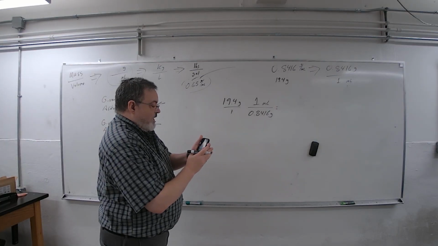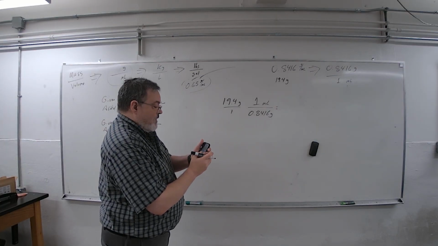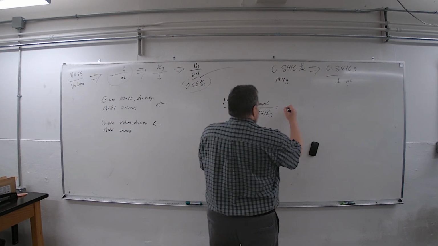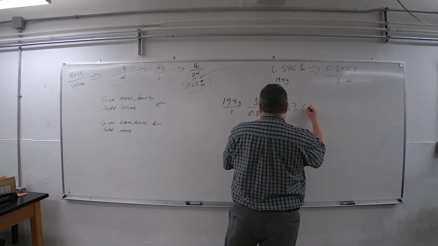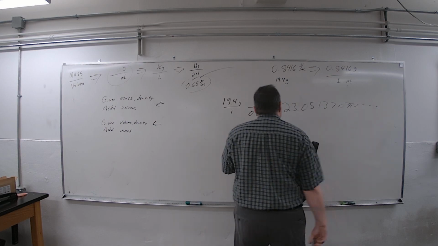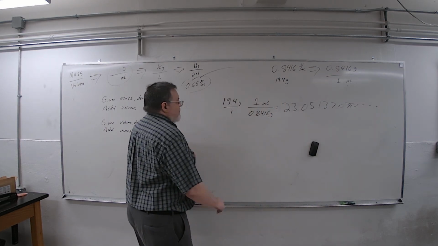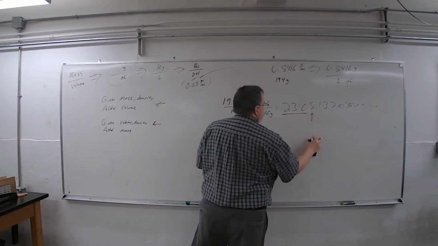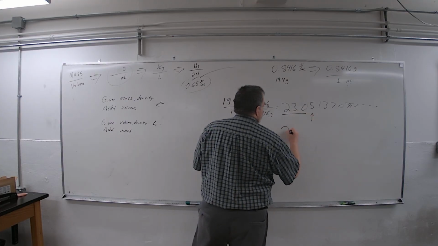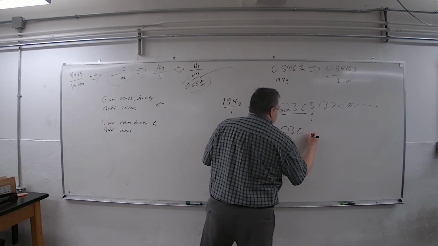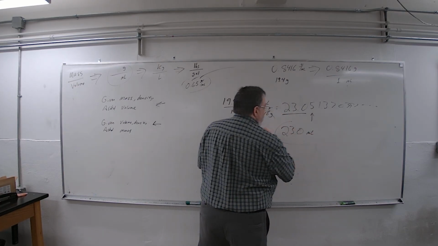So my answer needs to be 3. 19.4 divided by 0.8416, my calculator says 23.04. 3 significant figures, 4, there's 3. We look at the next one out, it does round, so we go 23.0. Grams cancel, we're in milliliters. That's the answer.